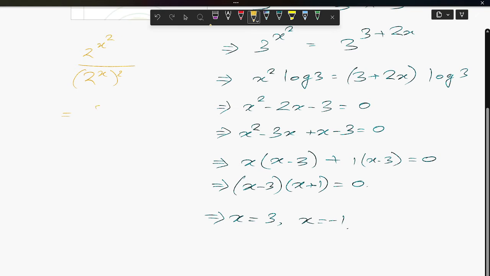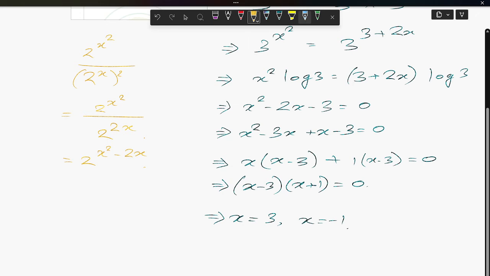That equals 2 to the power x square by 2 to the power 2x. From this we can write 2 to the power x square minus 2x. Very good. Now let's evaluate this for both x equals 3 and x equals minus 1.